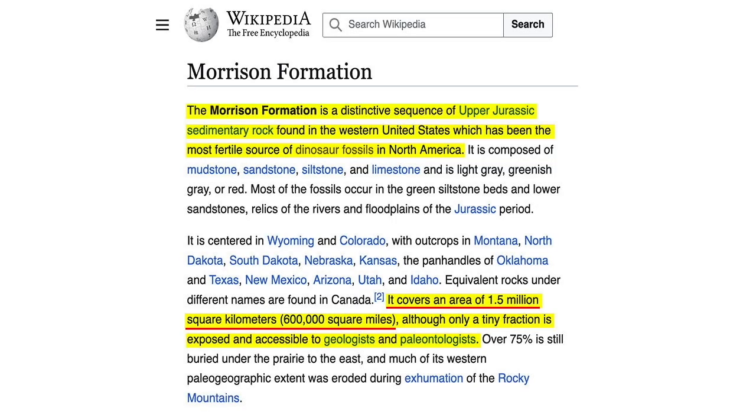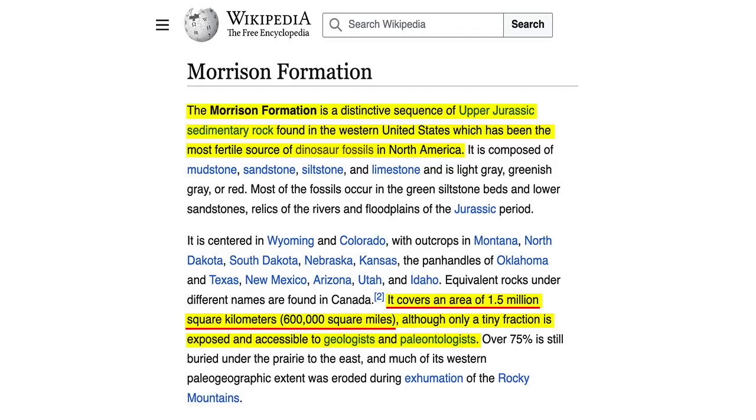Now, there's a thing called the Morrison Formation, a distinctive sequence of Upper Jurassic sedimentary rock found in the western United States, which has been the most fertile source of dinosaur fossils in North America. It covers an area of 1.5 million square kilometers, which is over 600,000 square miles, although only a tiny fraction is exposed and accessible to geologists and paleontologists.